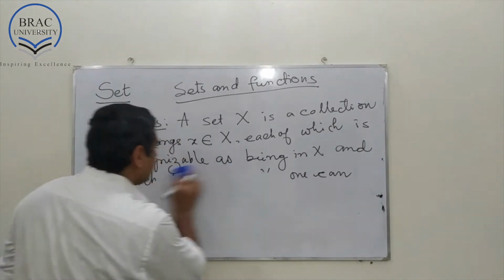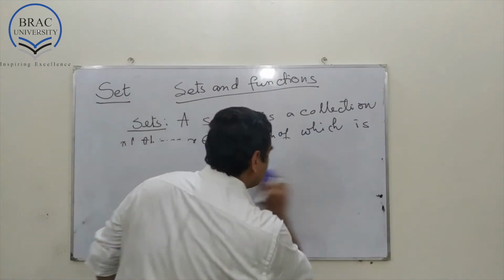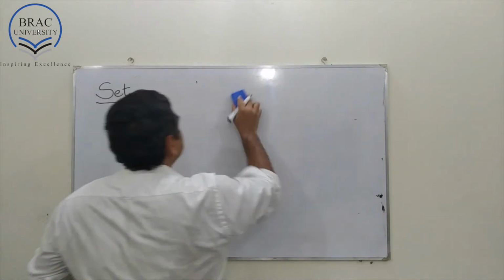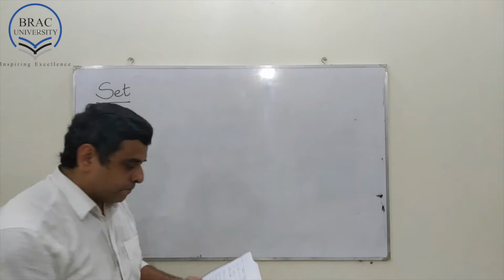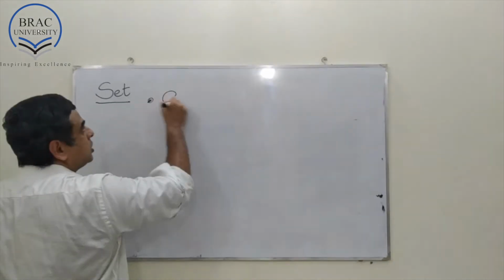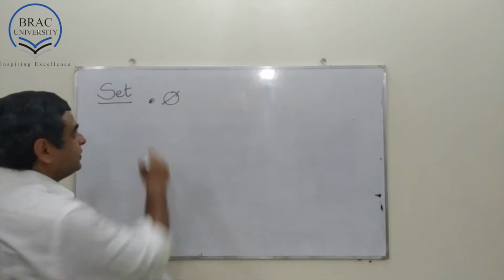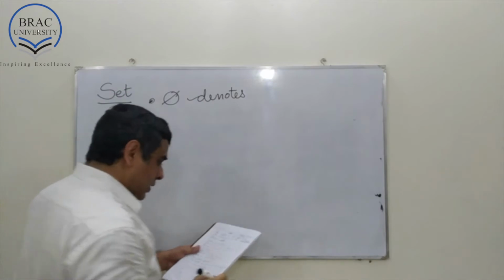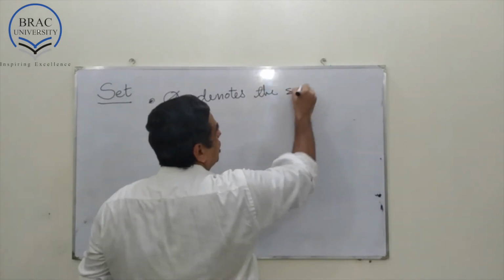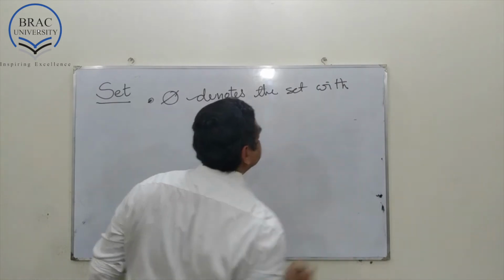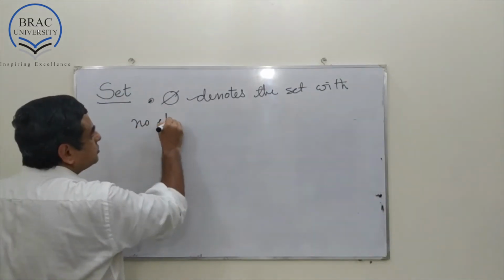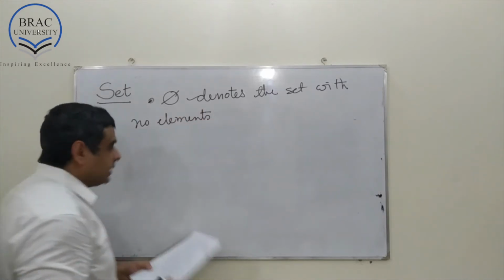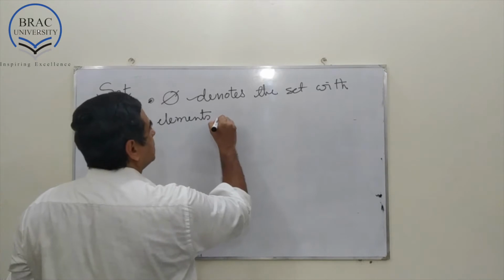Now let me write down a few important notions related to sets along with the annotations. The first being the null set. This symbol denotes the set with no elements in it. This is also called the empty set.